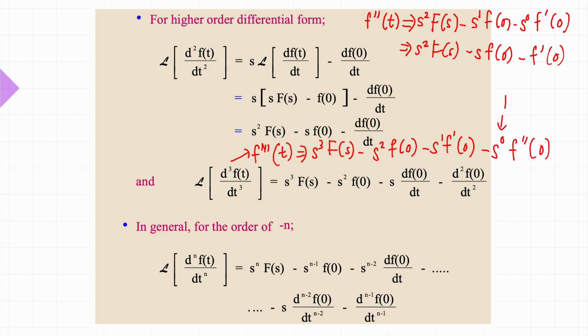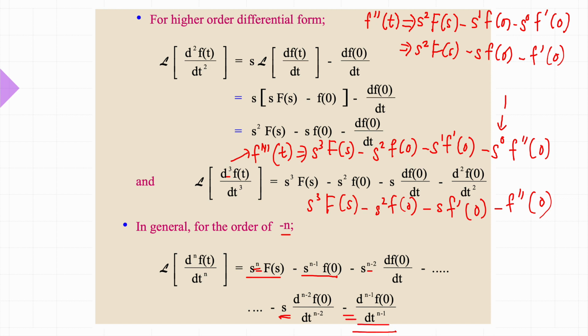So it can be written as s cubed F(s) minus s squared f(0) minus s f prime(0) minus f double prime(0). If you increase the differential order to n, the first term becomes s to the n F(s), for however many orders it refers to, and the next terms have powers n minus 1 and so on, and you can stop when s no longer appears in the term.